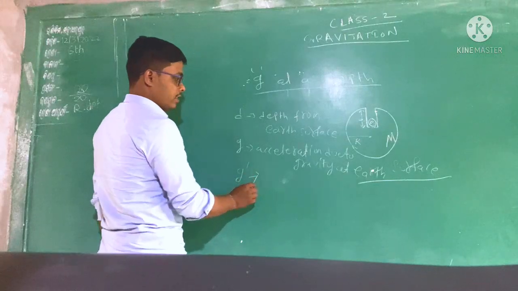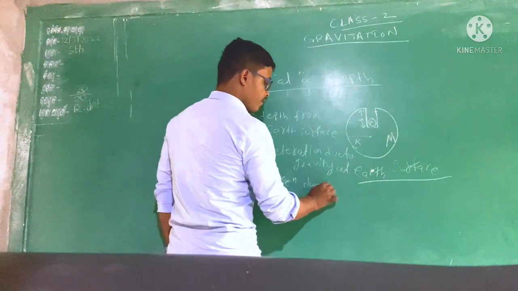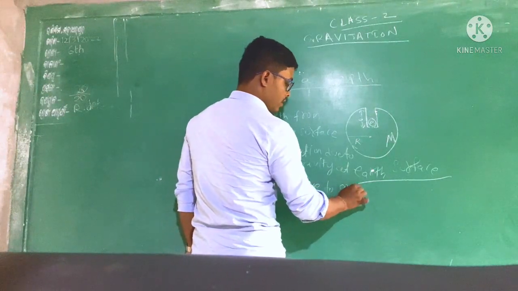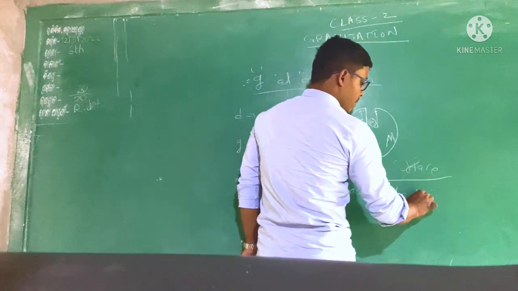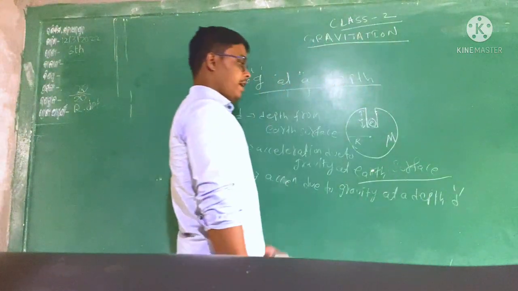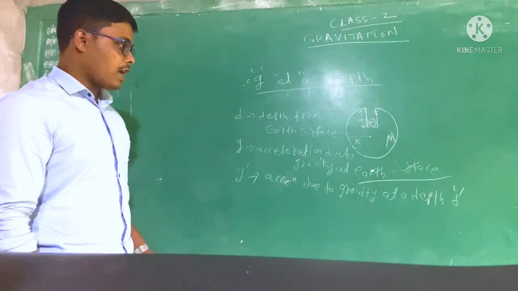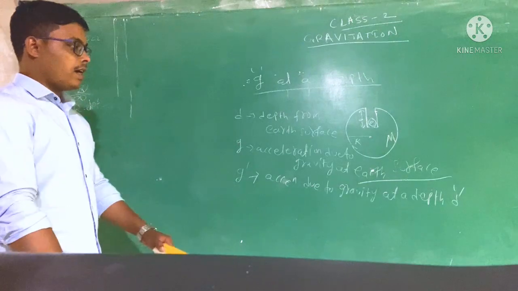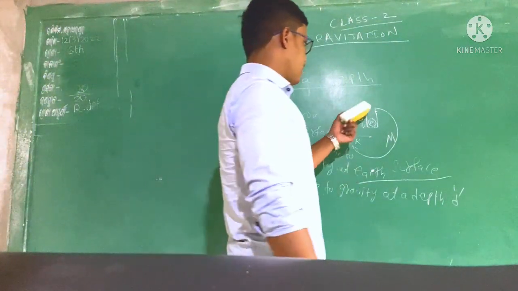So g dash is the acceleration due to gravity at a depth d. So our aim is now to evaluate the value of the g dash, which is the acceleration due to gravity at a depth d. g is the acceleration due to gravity at the earth surface.